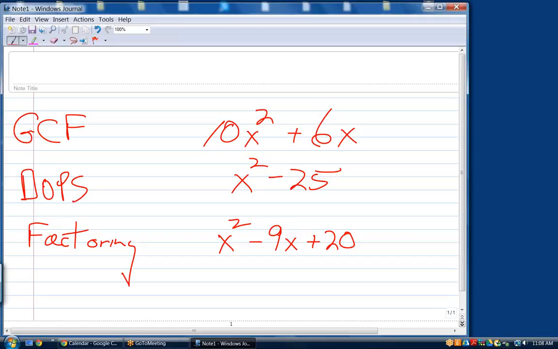Can I take a greatest common factor out of that? No. How about if I change that to 8x? Can I take a greatest common factor out of it?